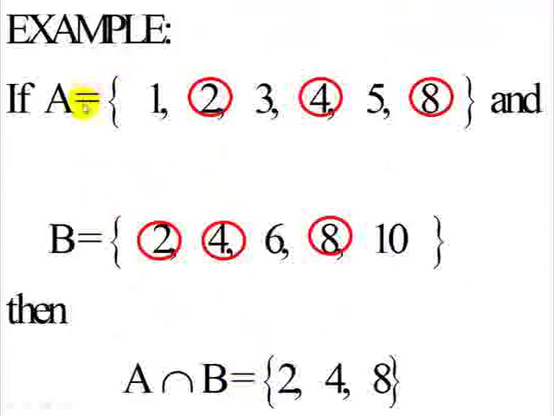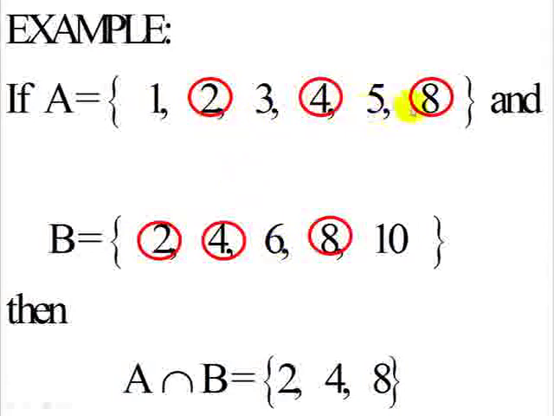Now, for example, consider these two sets. The elements of the set A are 1, 2, 3, 4, 5, and 8. And the elements of the set B are 2, 4, 6, 8, and 10. We can see that there are particular elements which belong to both the set A and the set B, and those elements are 2, 4, 8.